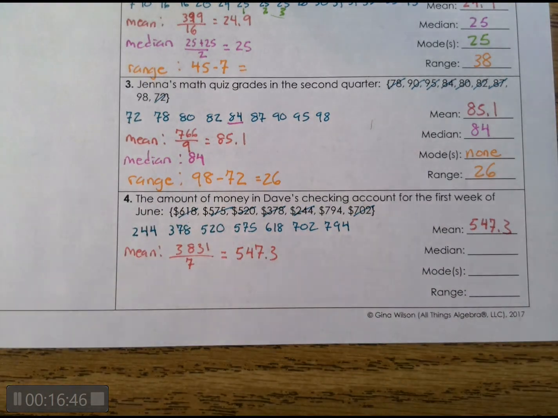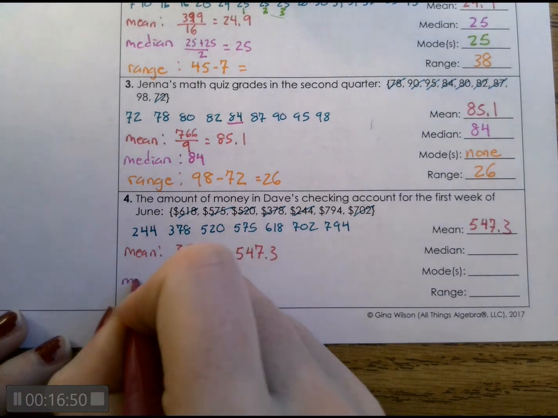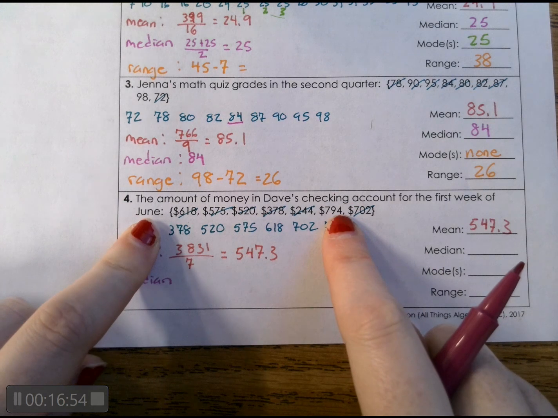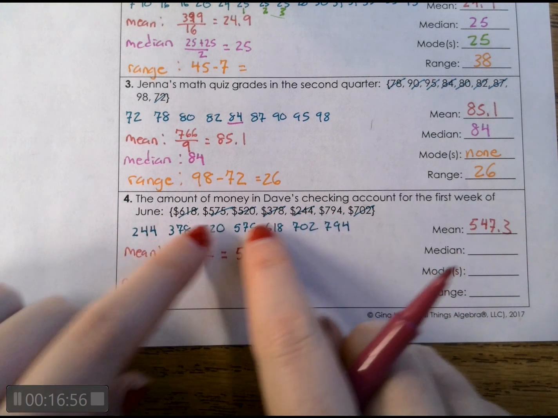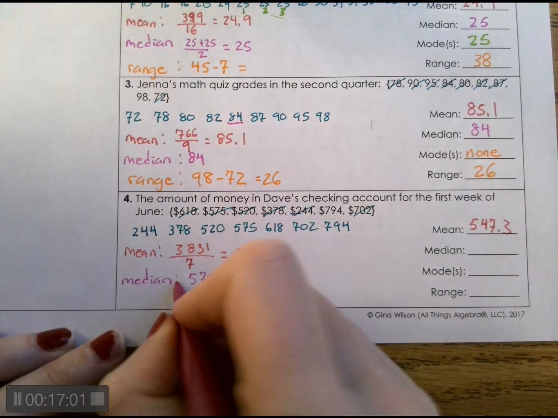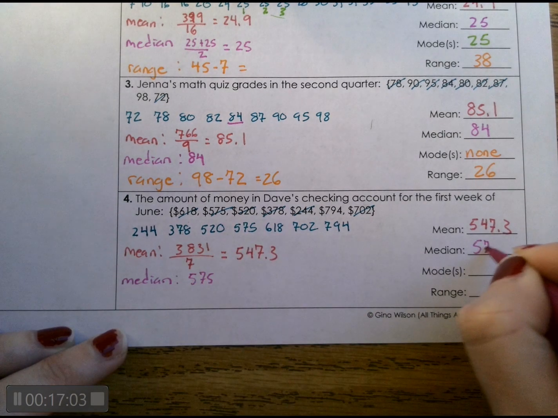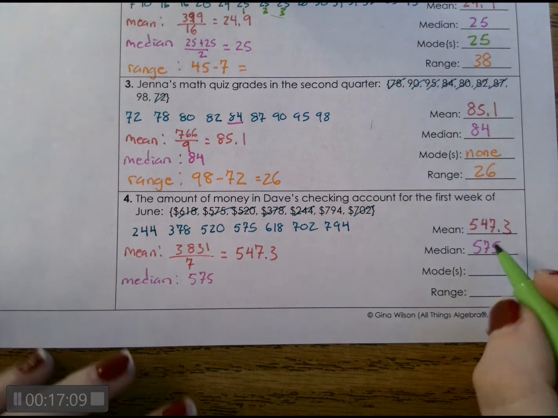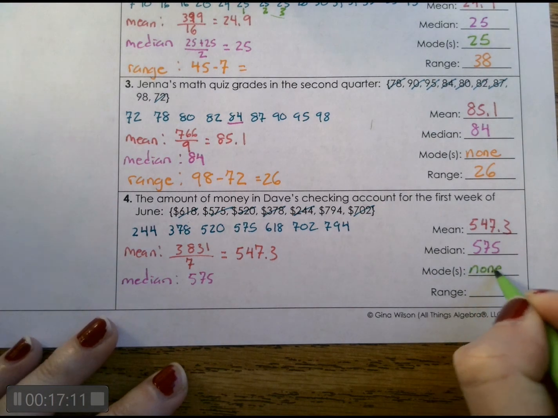Alrighty. And then for our median, put a number on the first and the last, and just start to move in. And we get 575. Our mode is the one that occurs the most, and since none of these repeat, we're going to have none.